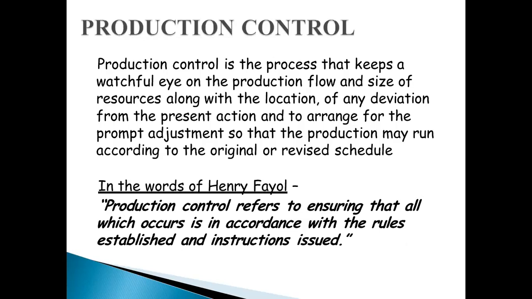If there is a deviation, you have to minimize or control those flaws and lacunas from your production system. So basically control refers to ensuring that everything which occurs is in accordance with the rules established and instructions issued by the production manager, right?